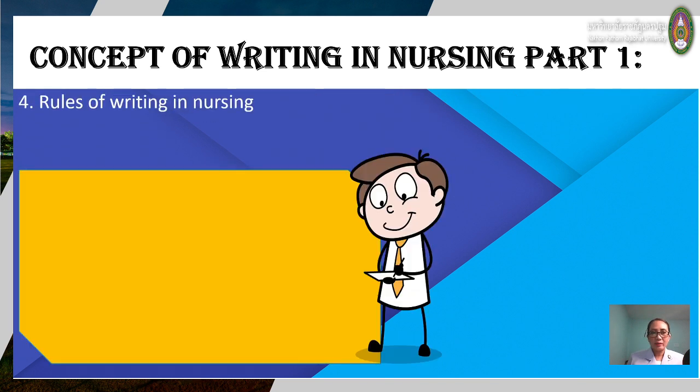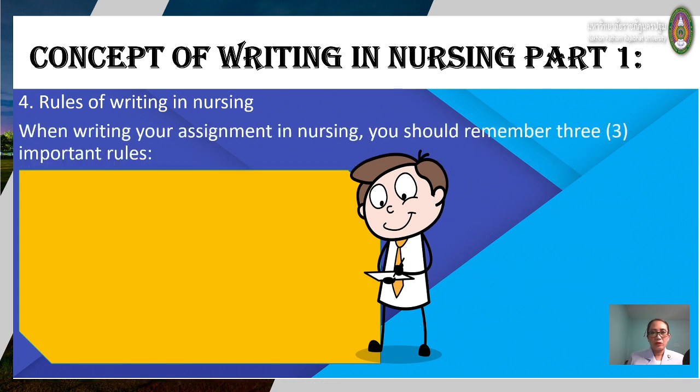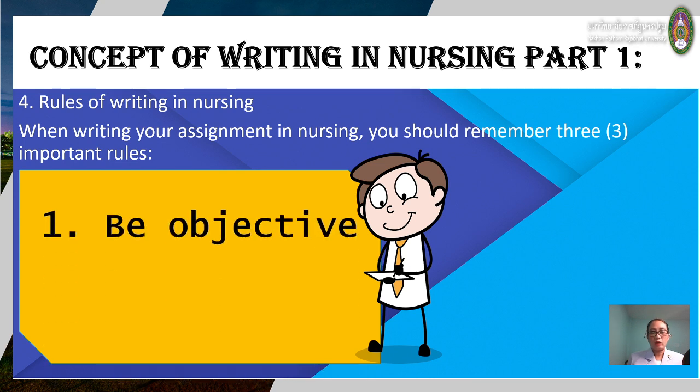Let's check the rules of writing in nursing. When writing your assignment in nursing, you should always remember three important rules. You have to be objective: what you saw in the patient, what we observe in the patient, by our eyes, by our nose, by our feelings. We have to be very, very careful with that.